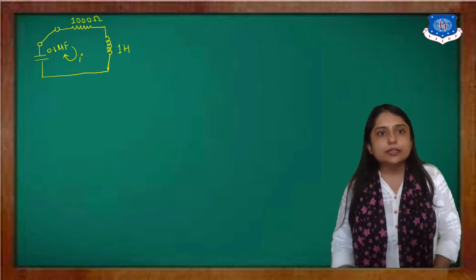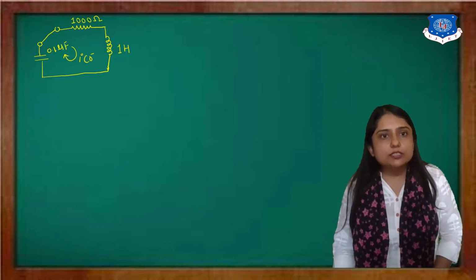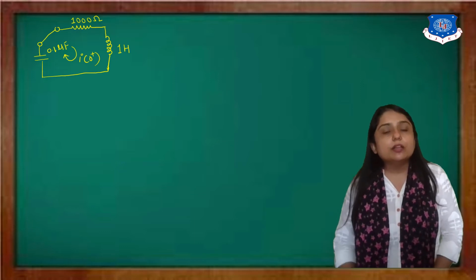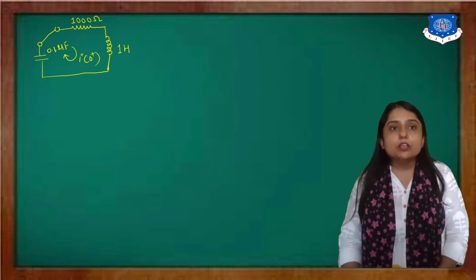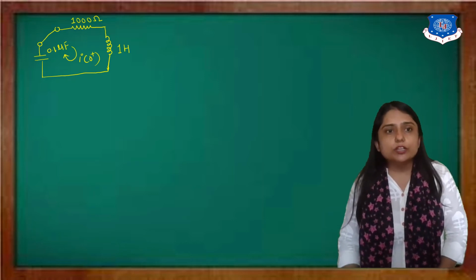Now this is the diagram. This current is I(0+). Now just write the KVL equation. As such there is no voltage drop, so I am just writing 0.